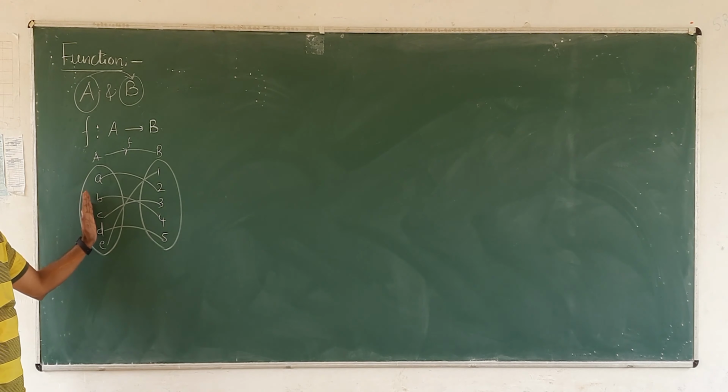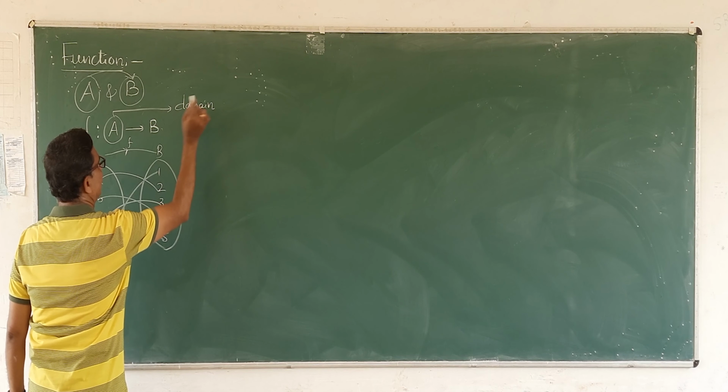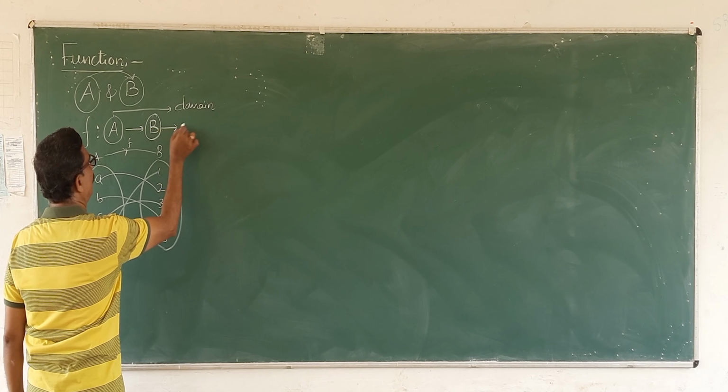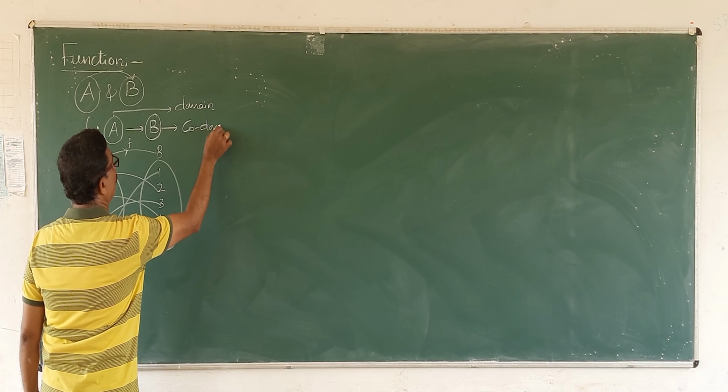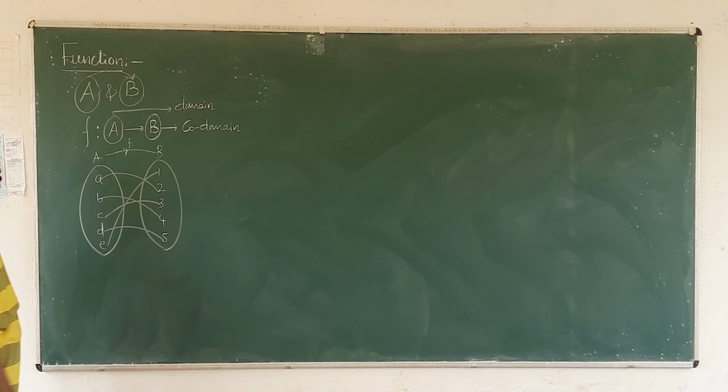Here the first set A is called the domain. The second set B is called what? Codomain. Remember, the second set B is called the codomain.